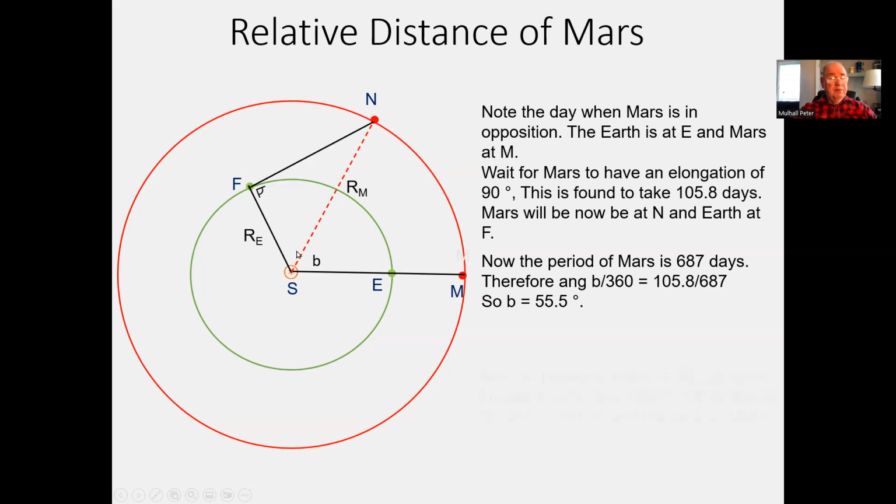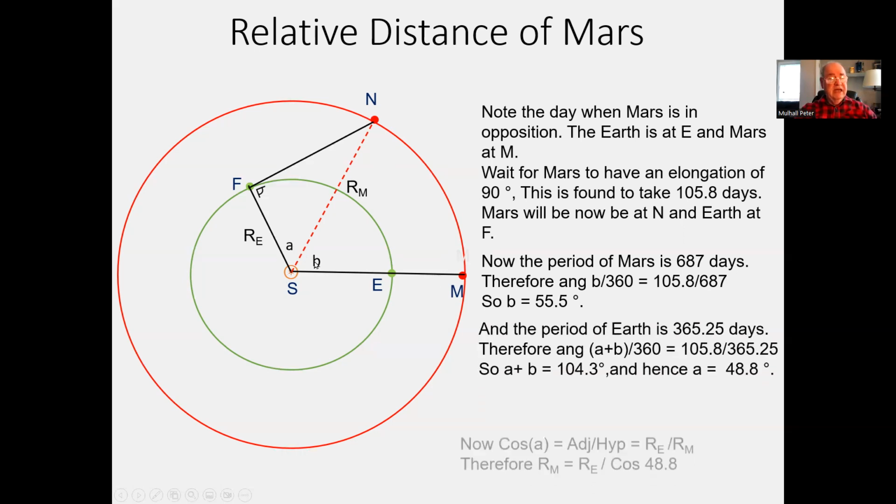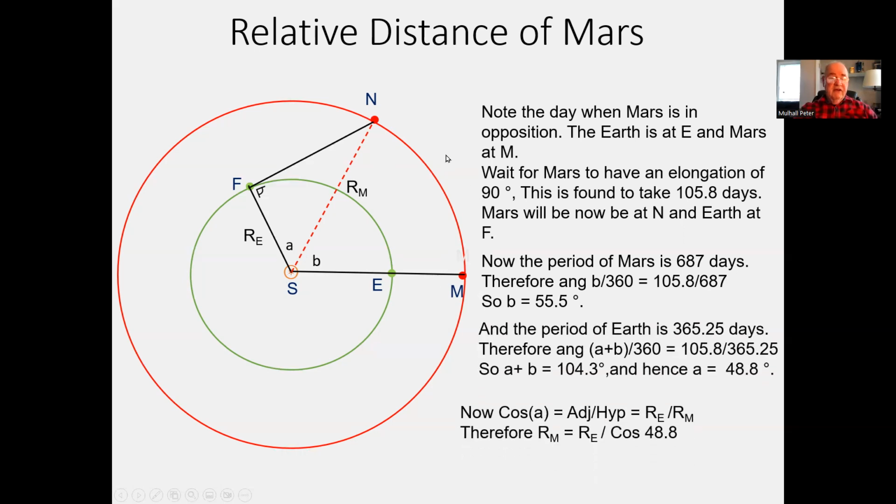And also the angle of A and B together: angle A plus B is to 360 as 105 is to 365. So we get A plus B is 104.